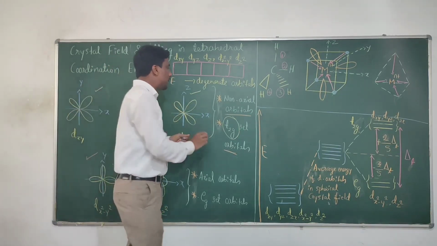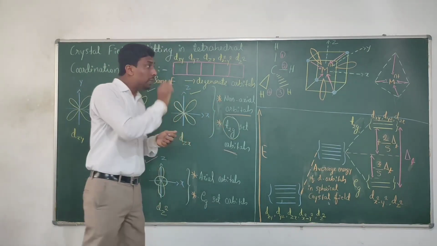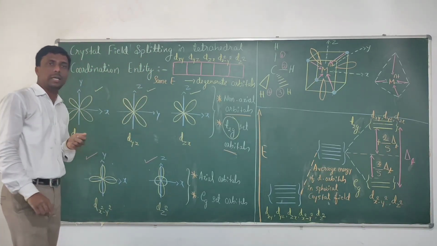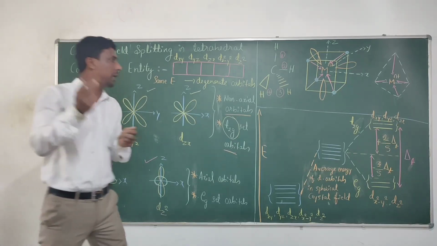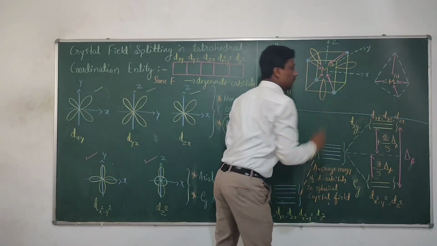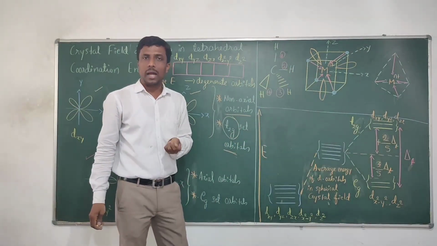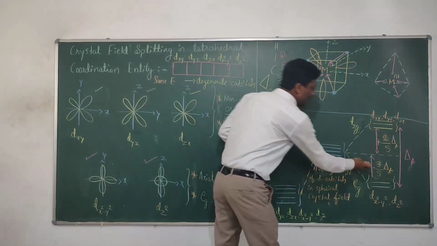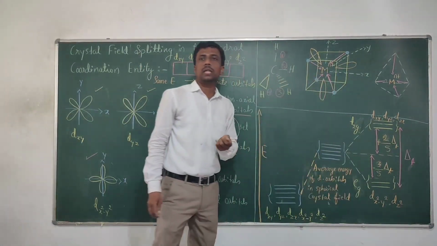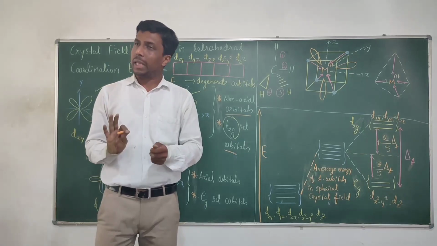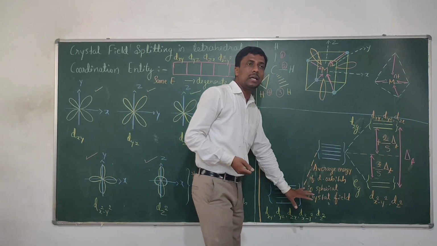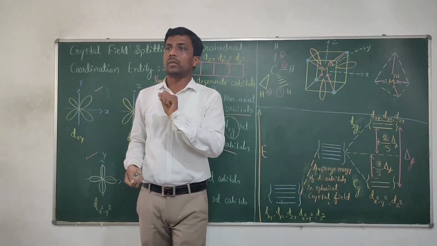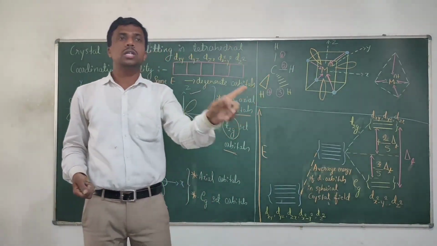Therefore, the t2g set of orbitals in this tetrahedral coordination entity will experience a little more repulsion and their energy is rising. And the energy of the eg set of orbitals will be lower. Therefore, we have this structure, which is the inverted structure of the octahedral coordination entity.